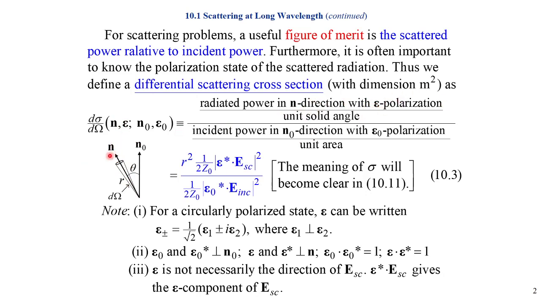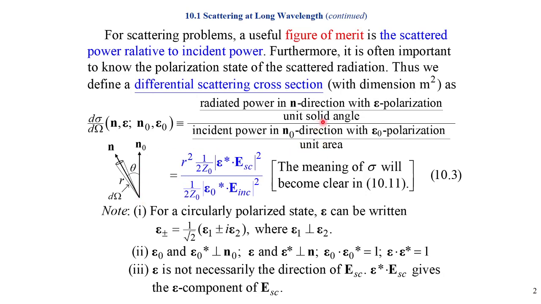Epsilon polarization is not drawn in this figure. Per unit solid angle. This angle, that's the unit solid angle. And the incident power in the n0 direction with epsilon 0 polarization, per unit area.